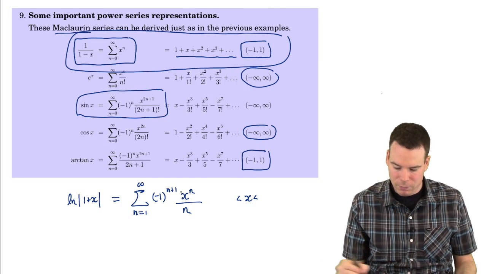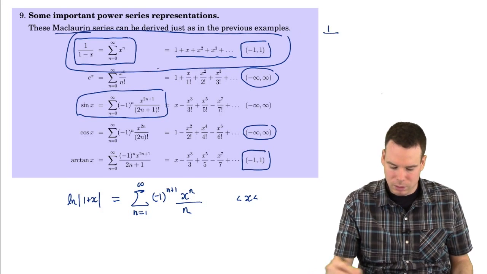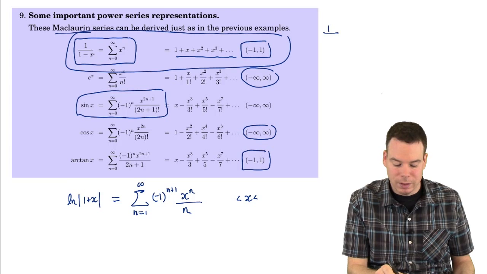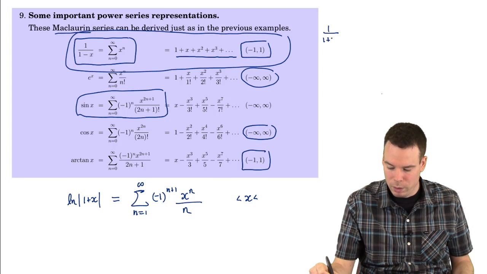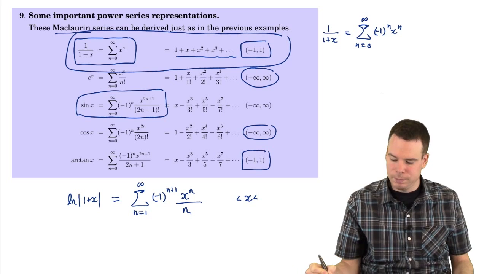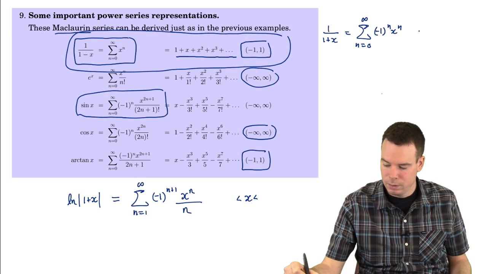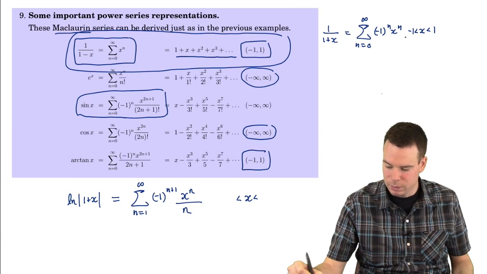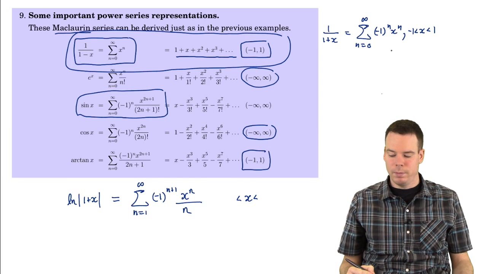Well, think about where this came from. We derived this by starting with the geometric series and plugging in negative x for x. So that became a 1 plus x, and this became negative 1 to the n, x to the n, as n goes from 0 to infinity. Since this is a geometric series, we know that this works for x between negative 1 and 1.